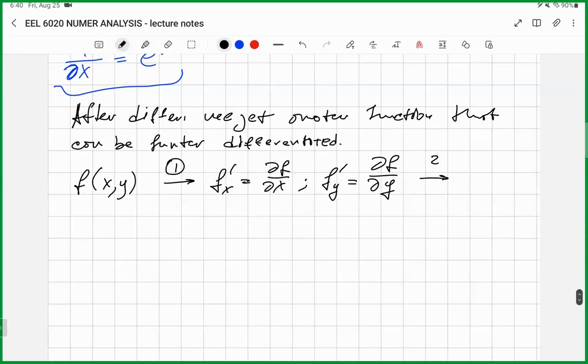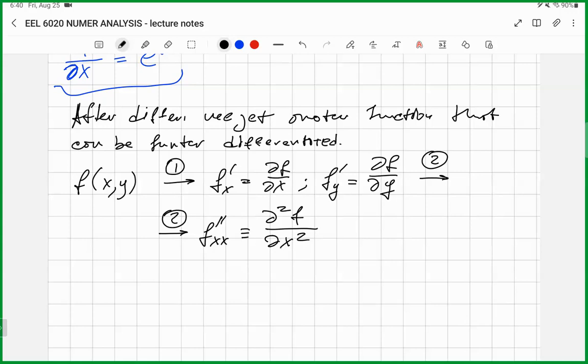So, for example, for the second order, we would get something like f double dash xx. So xx means first differentiation on x, second is also on x, and it's equal to d2f over dx squared.